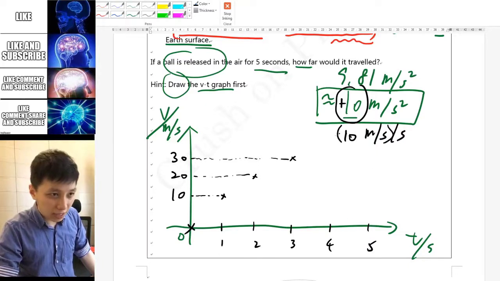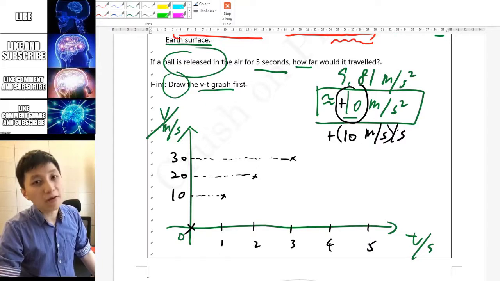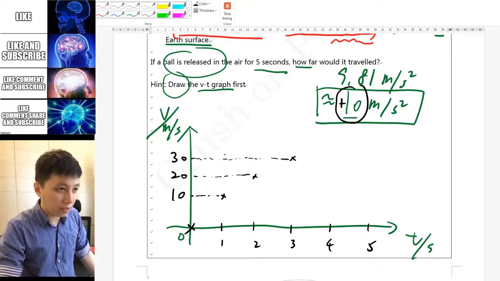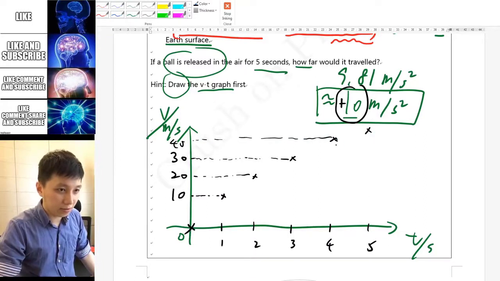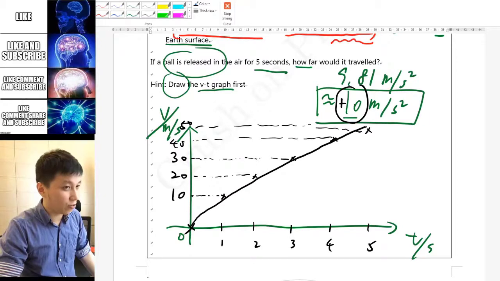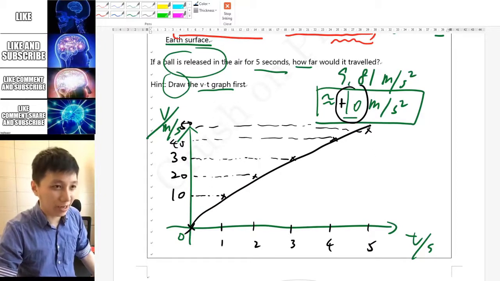So you gain 10 meters per second for each second. That is to say for 4 seconds, it will be 40. Sorry about my scale, I didn't draw it too well. And so 50 here. And so at the end you have a relationship. Oopsie, it's really bad. It's a triangle, okay? It's supposed to be a triangle.